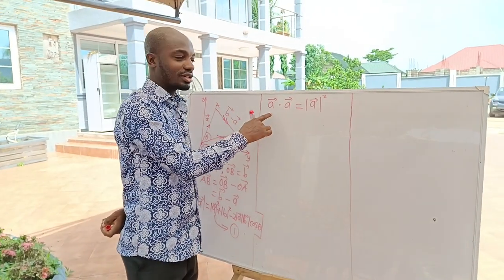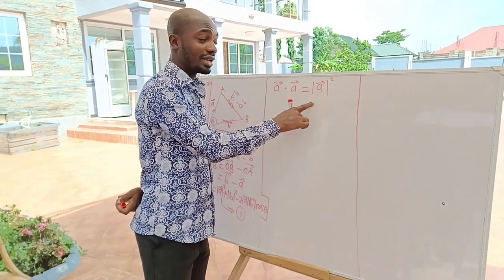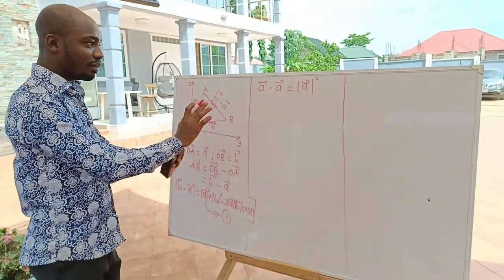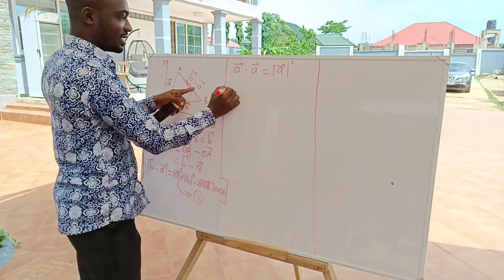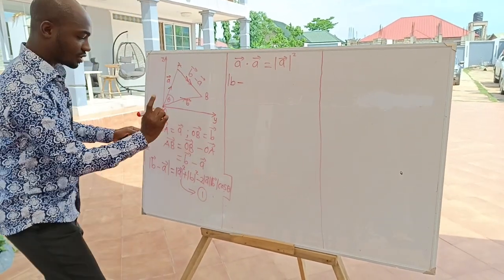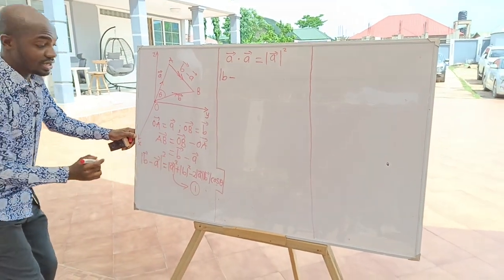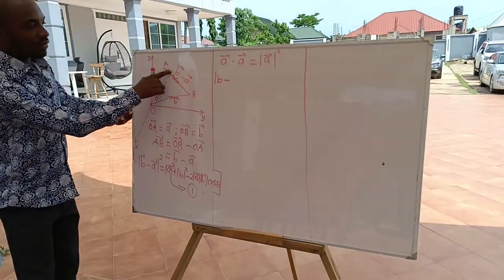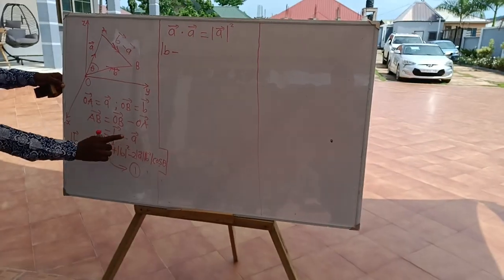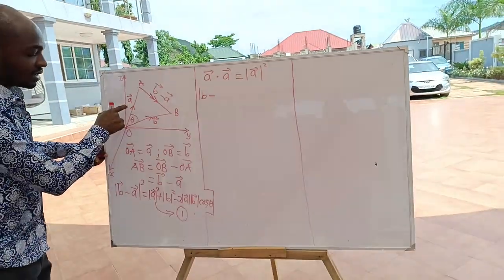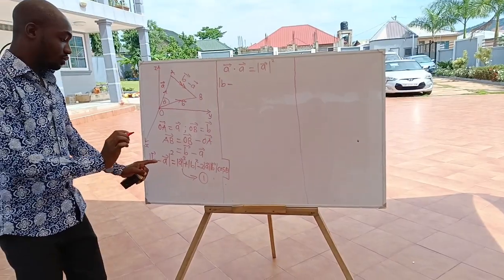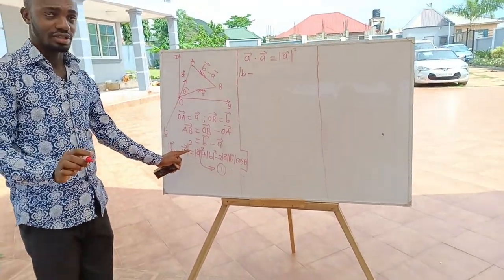So I can say that the magnitude of b minus a, over here this is going to be squared, don't forget. The square of the length here is equal to the sum of the squares of these lengths minus twice the product of these lengths times the cosine of the angle between them. So that is established. I made a mistake in not writing the square.